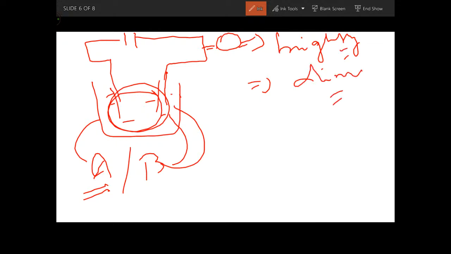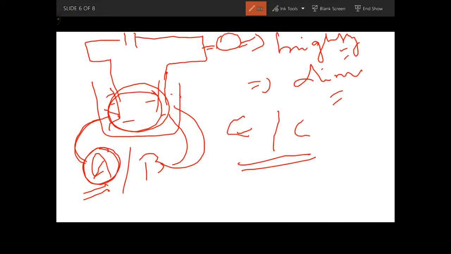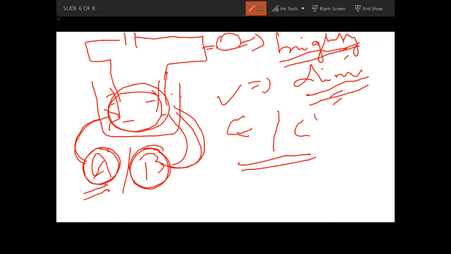Now the question will be, which one is electrovalent bond and which one is covalent bond? Did you understand my question? When you put compound A here, the bulb was glowing brightly, and when you put compound B here, the bulb was glowing dimly. So which one is electrovalent and which one is covalent?